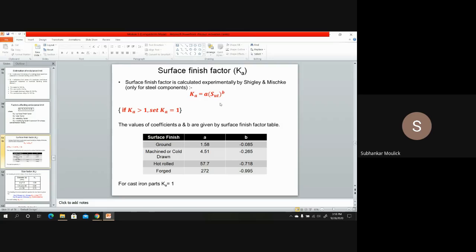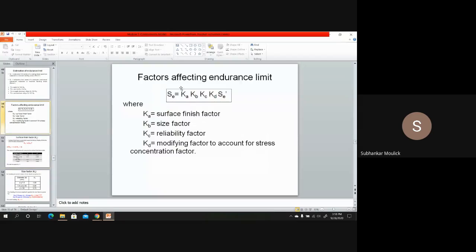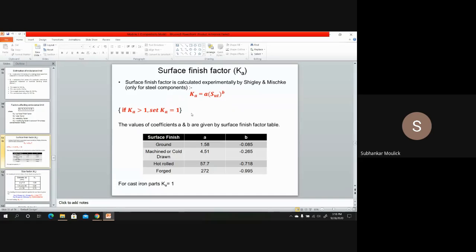SUT will be given in the problem either in a direct or indirect manner. But by looking at the problem, you have to see which surface finish condition has been used. According to that condition, you have to substitute the values of A and B, and then use this expression to get the value of the first derating factor, that is the surface finish factor.